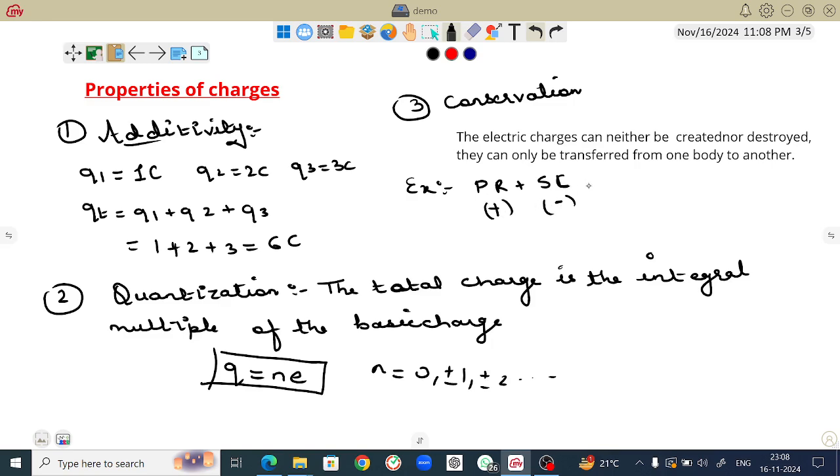So the net charge is 0 during and after the rubbing. That means the charge is neither created nor destroyed, but it can transfer from one body to another.